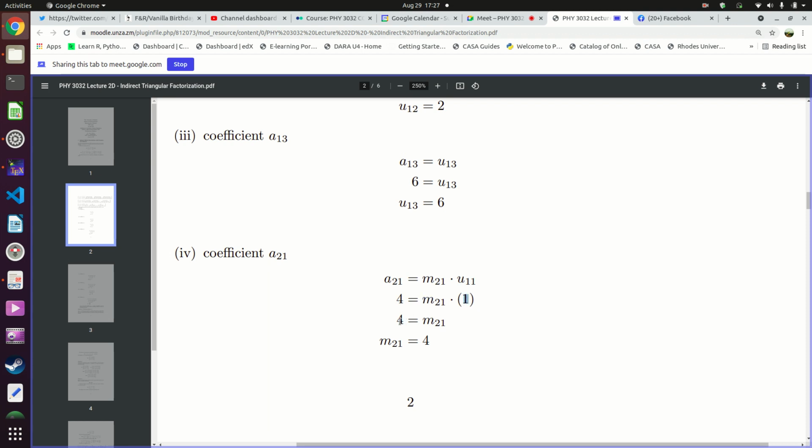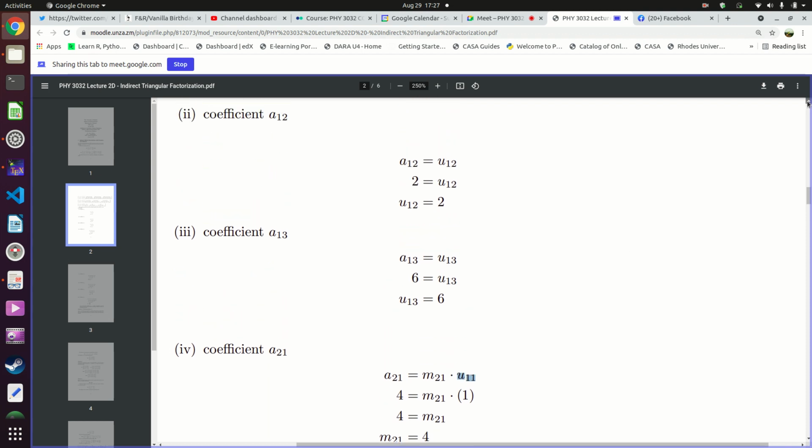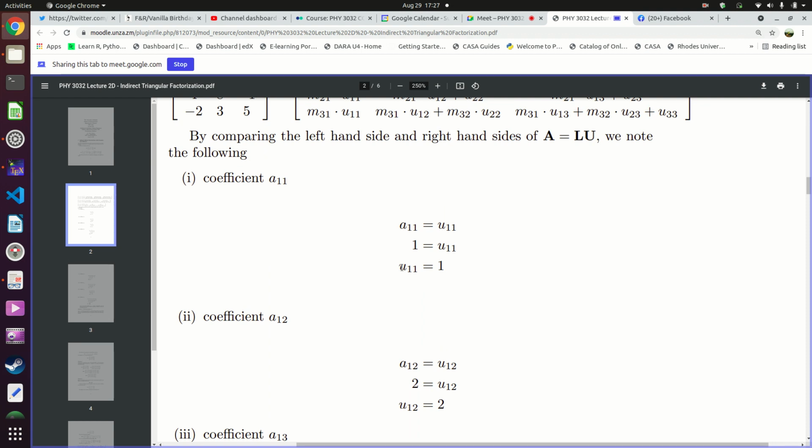That's going to give you 4 being equal to M21, and M21 being equal to 4. Are we clear? This value of U11 we have already found up here. Is it clear?